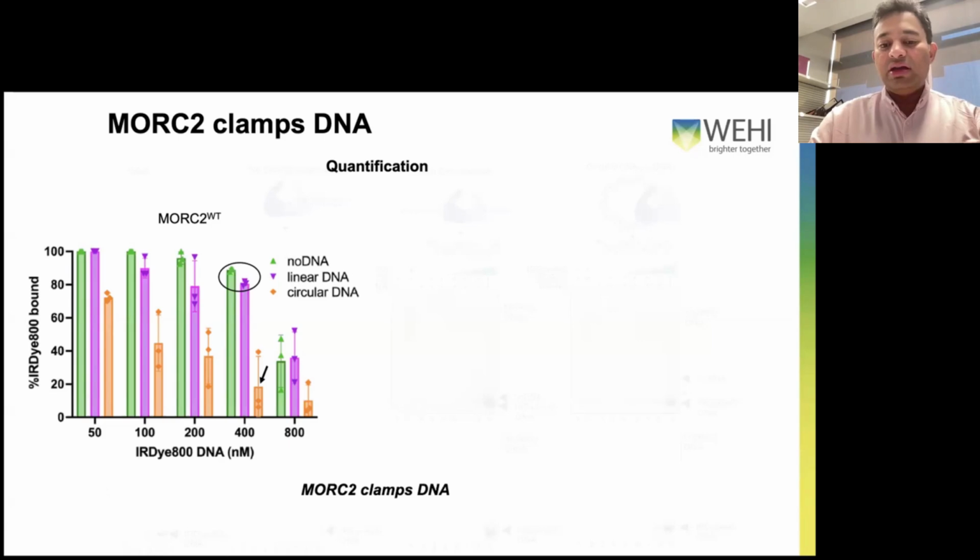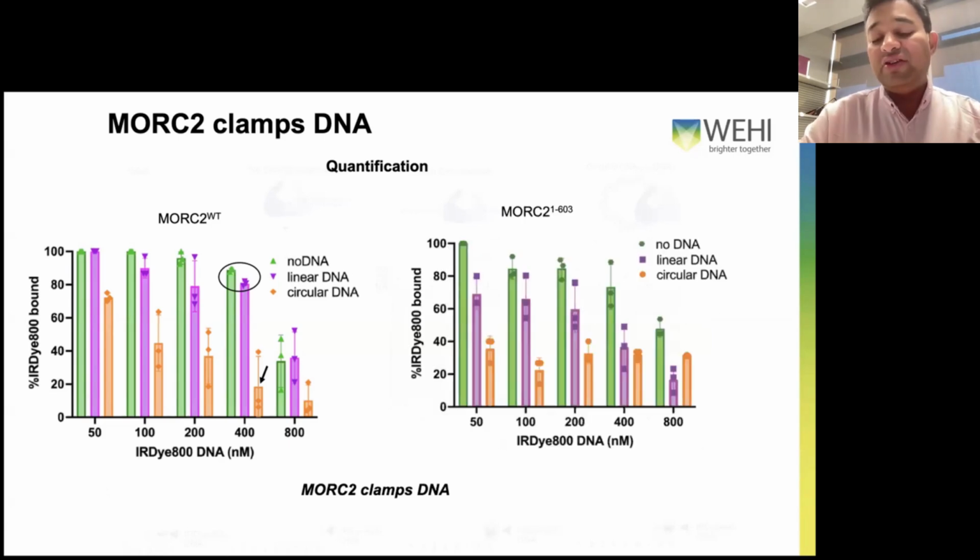In comparison, if we just take the ATPase domain by itself and do the same experiment, we see that in both cases, circular DNA and linear DNA, it can easily compete out the pre-incubated DNA. So what it tells you is that MOC2 indeed clamps onto the DNA, and that clamping happens through its C-terminal domain.